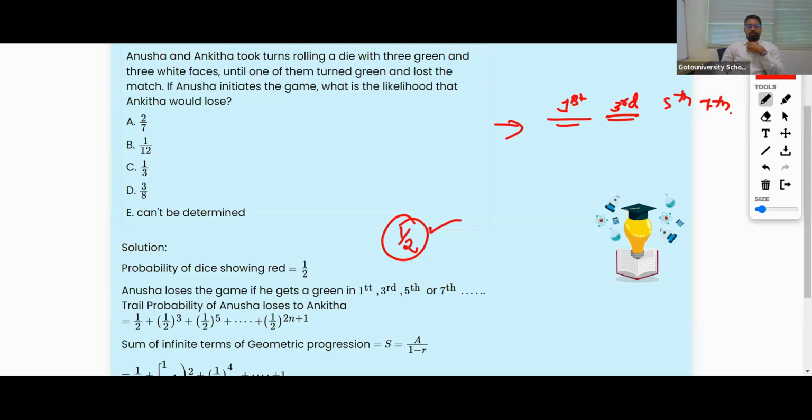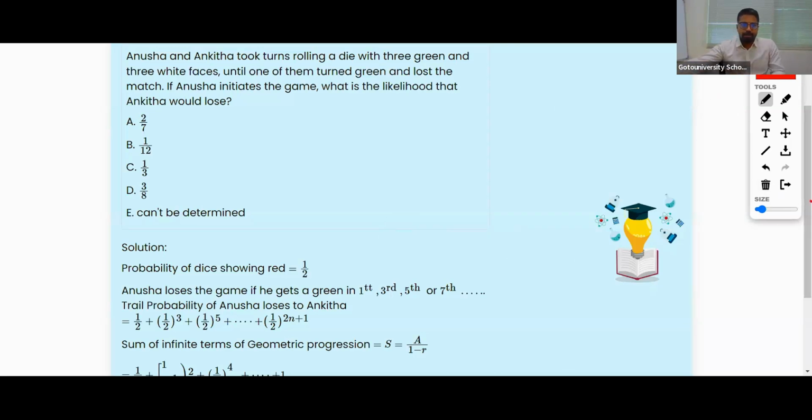So the probability that Anusha loses will be given by 1 by 2, plus 1 by 2 cube, 1 by 2 power 5, 1 by 2 power 7, and it goes like 1 by 2 power 2n plus 1, because it's an odd number. So that is the chance that she can lose the game.